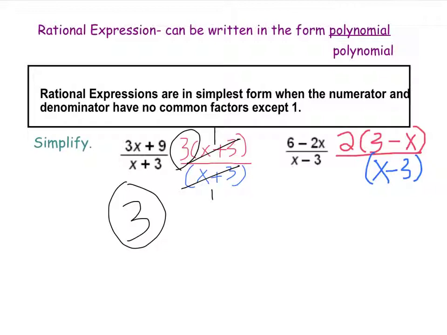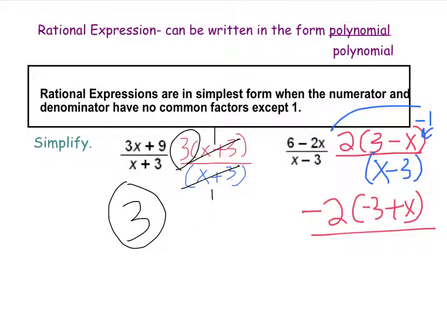So what we're going to do is we're going to take a negative 1 out of this top binomial. So if I do that, here's what happens. The negative 1 comes over here and multiplies to the 2. So now I have negative 2, and then what happens is my 3 becomes negative and my x becomes positive.